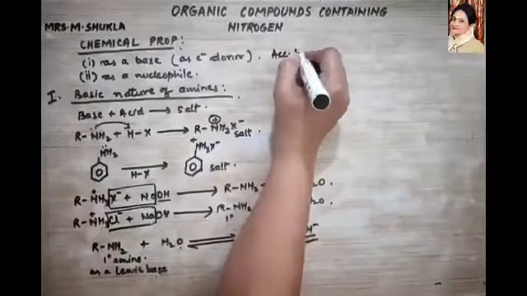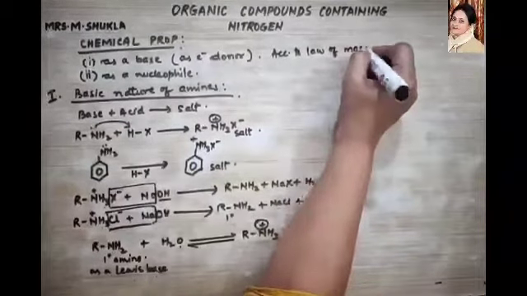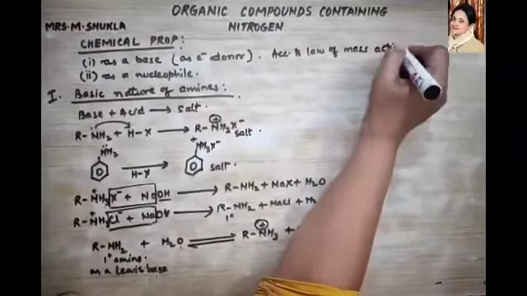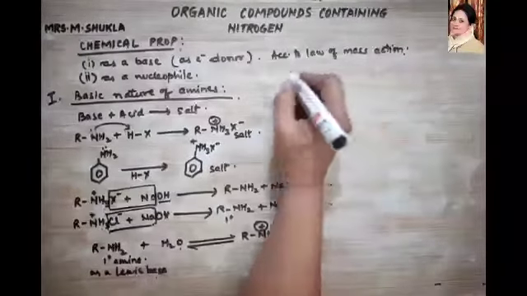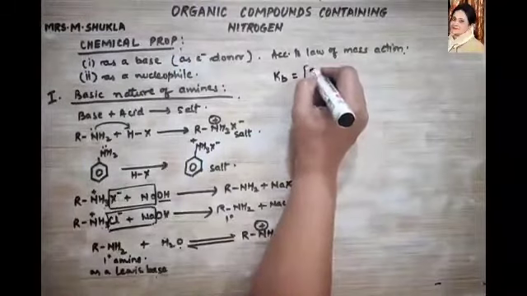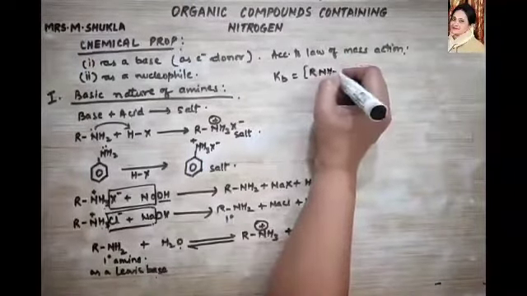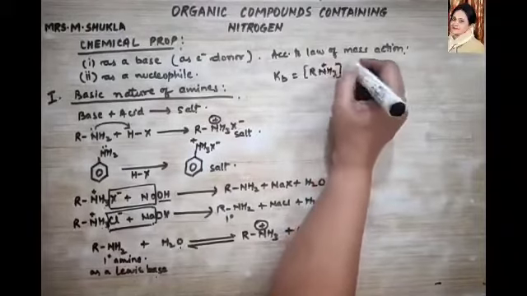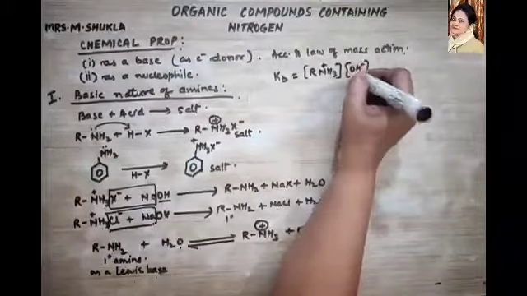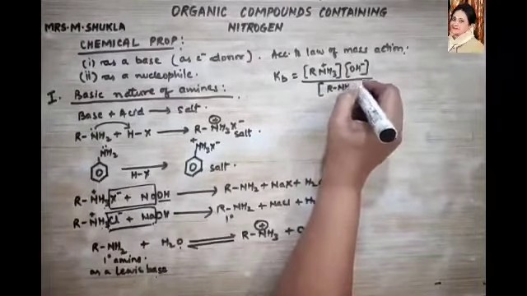So according to the law of mass action, what do we know? According to the law of mass action, the dissociation constant, that is Kb, is equal to, according to this reaction, RNH3 plus OH minus upon RNH2.